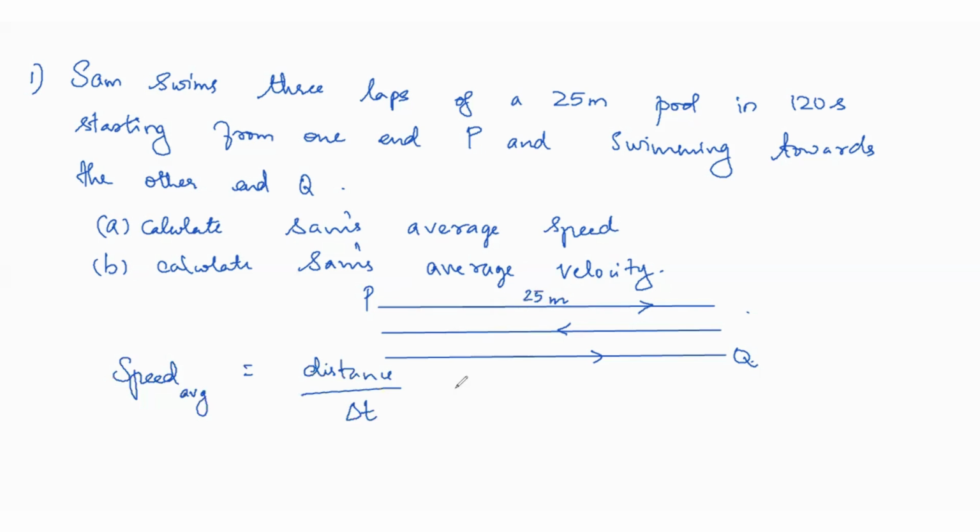So he took 3 laps. As it is 3 laps, the total distance is 3 into 25, which is 75 meters.